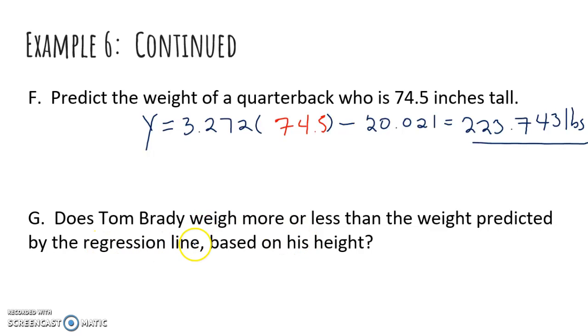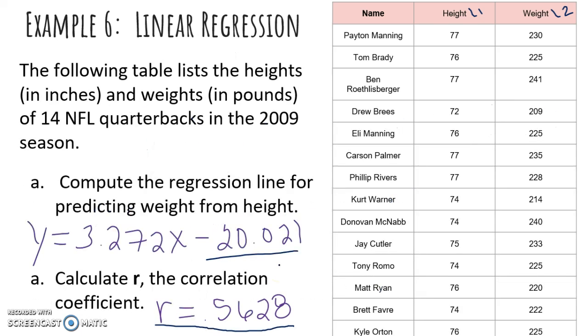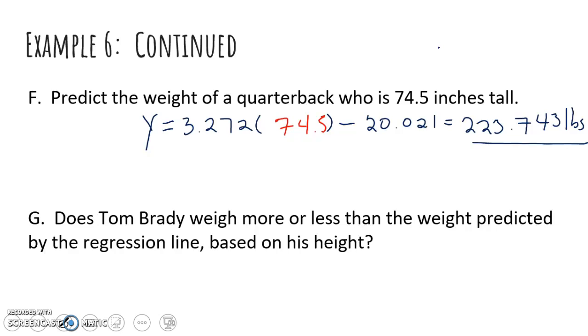Does Tom Brady weigh more or less than the weight predicted by the regression line based on his height? So let's go back and look at Tom Brady. Tom Brady is 76 inches tall and weighs 225 pounds. So let's see what the equation predicts his weight to be.